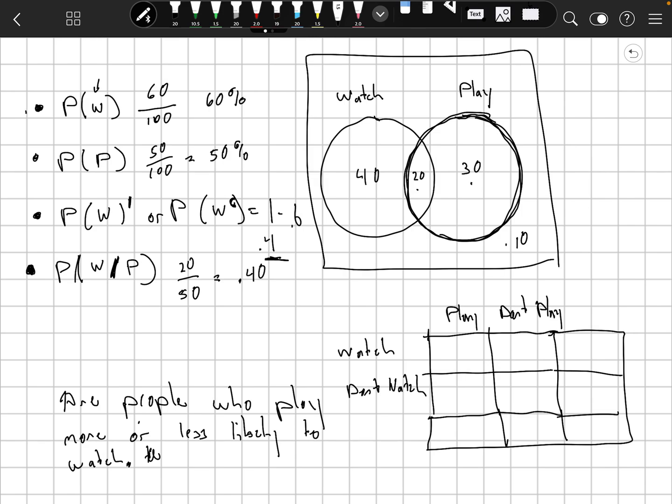Okay, now I said something about comparing. Let's compare these two things and see if it tells us something interesting. The probability of picking a person who watched basketball is 60%, and the probability of picking a person who watched basketball given that they played it is 40%. So are people who play more likely or less likely to watch?